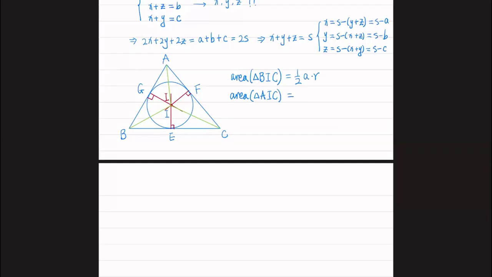Okay, let's try. Amy, give me the formula for the area of this triangle. You can just do base times height over 2. For this one, the base will be AC, which is b. Height, radius. Area AIB.